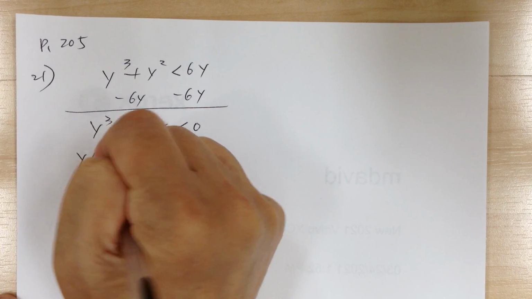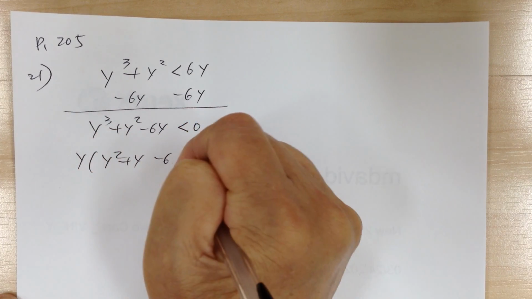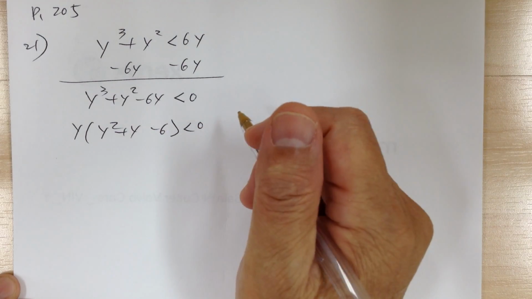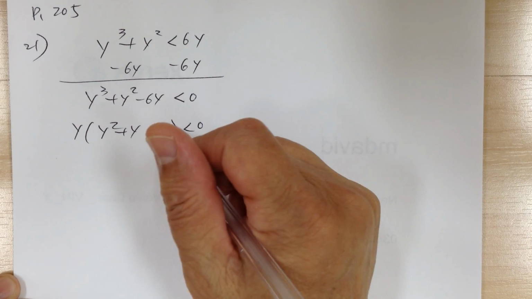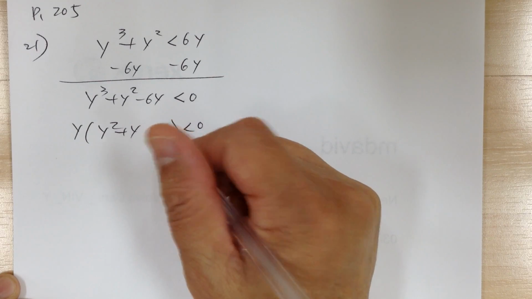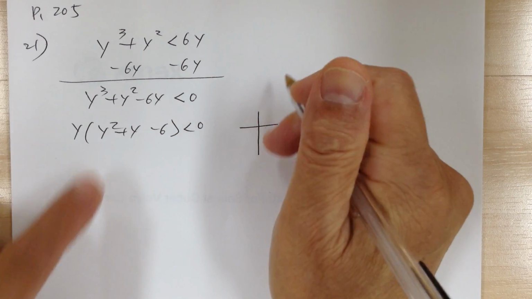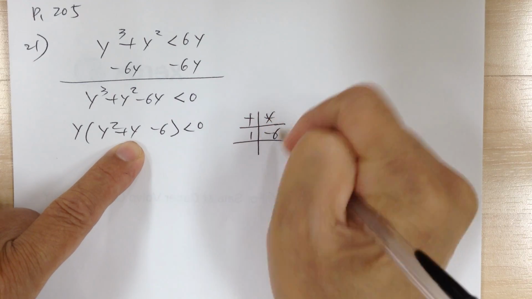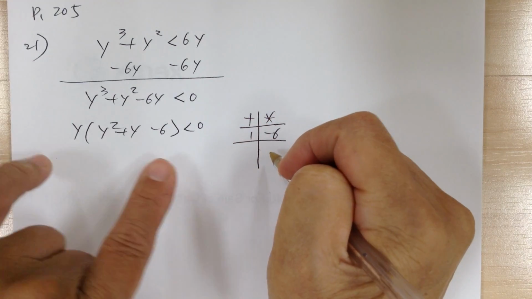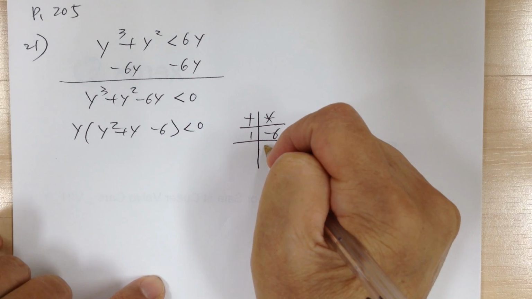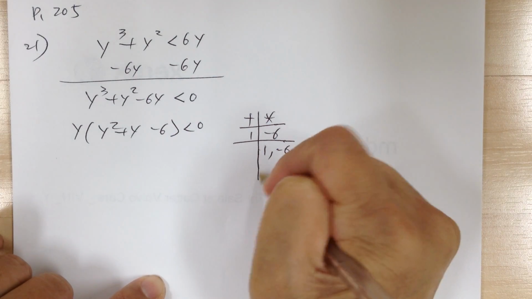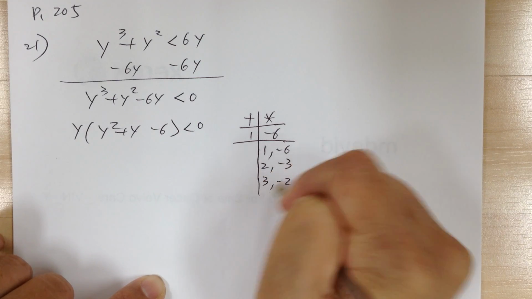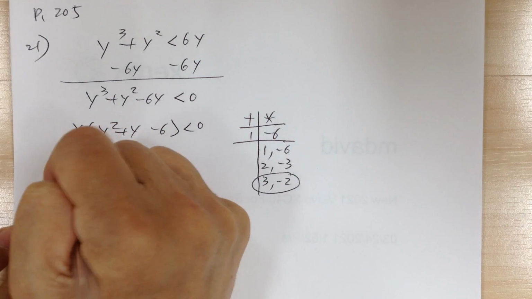Factor out the y. Then go to step 2, perfect square, no. Step 3, cube, no, this is not. So go to step 4, master product. You have to add to get 1, and multiply to get negative 6. Then factor: 1 comma negative 6, 2 comma negative 3, 3 comma negative 2, and that's the one you need.